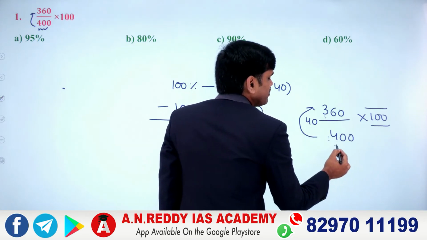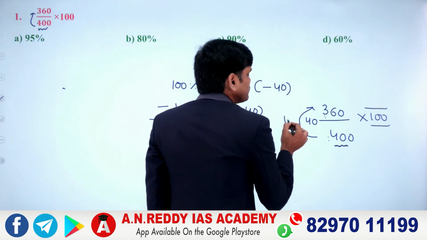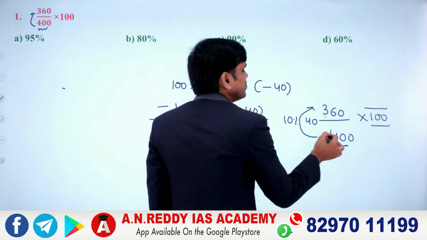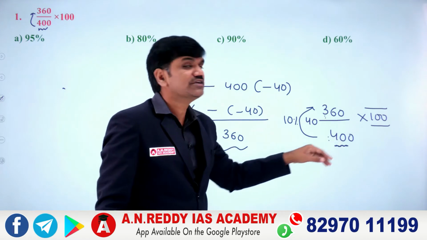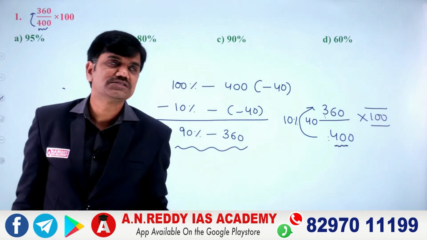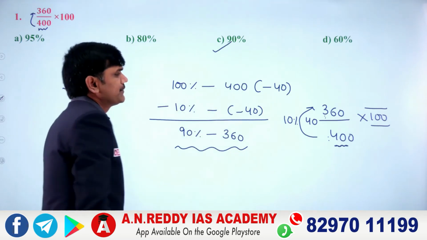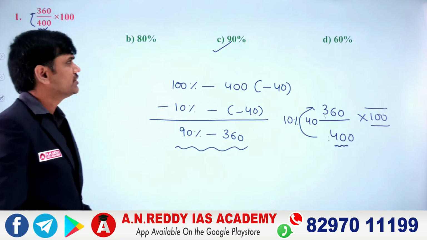This 40 is what percent of 400? This 40 will be 10%. That's why I can say that this numerator is 10% less than the denominator. Hence I can say that this number is 90% of this number. Hence your answer has to be 90%. Is that clear? Let us move on to the next example.